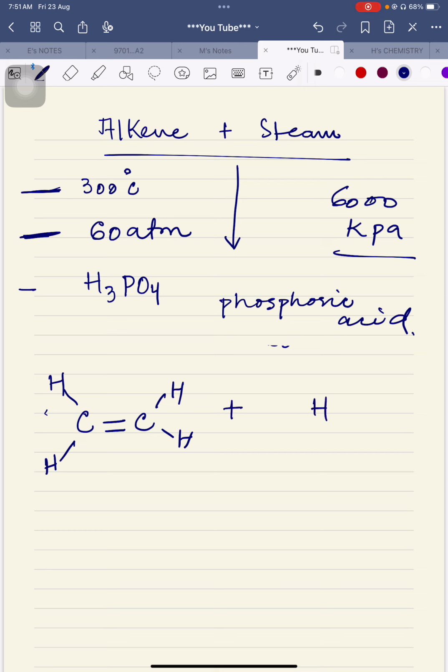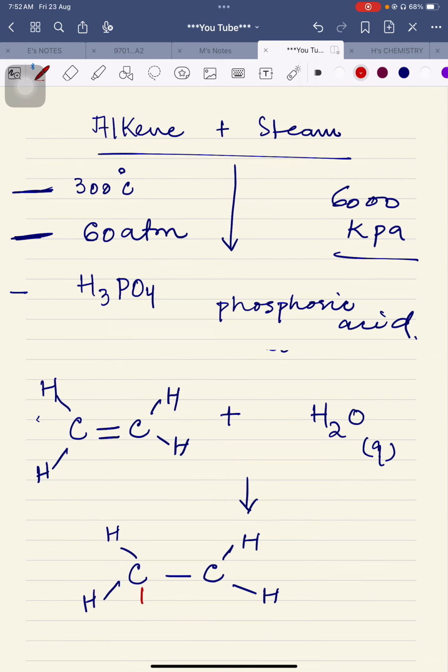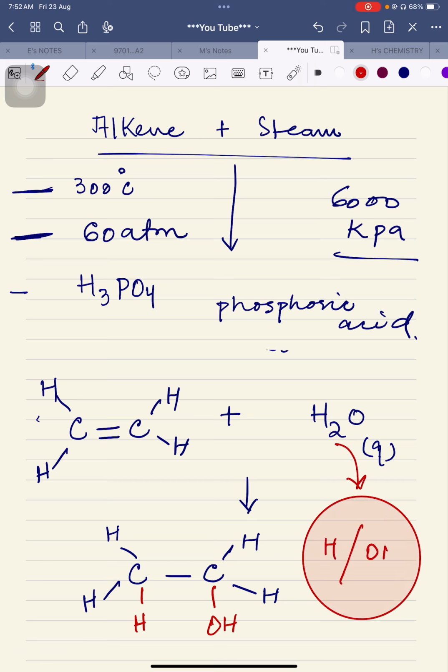So here I'm writing H2O. It is in the form of steam, so I'm writing gas. So this is one carbon, second carbon, all the hydrogens will be as they are. I will write down the added ones with the red color. One of the carbons will receive H and the other carbon will receive OH. Don't forget that steam, water, has two parts. One of them is H and the other is OH.